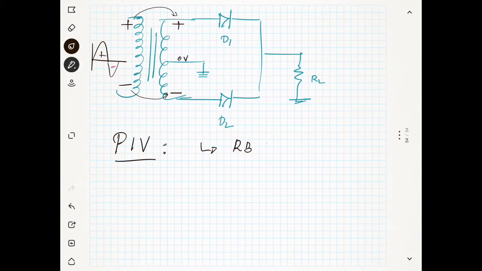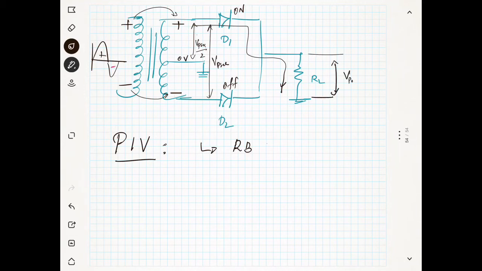Now you know that this maximum voltage is Vp secondary, and this voltage is Vp secondary by 2, and this diode is on now and this diode is off. So the current is flowing through this diode like this. What will be the voltage at the output? I told you the maximum voltage at the output is Vp out, which is nothing but Vp secondary by 2 minus 0.7.